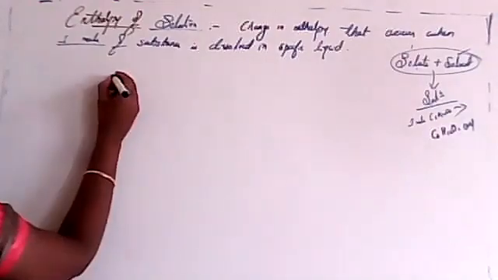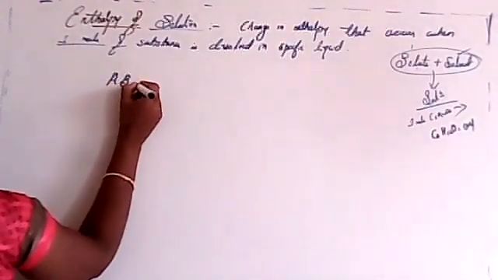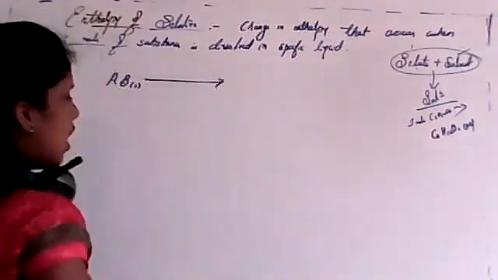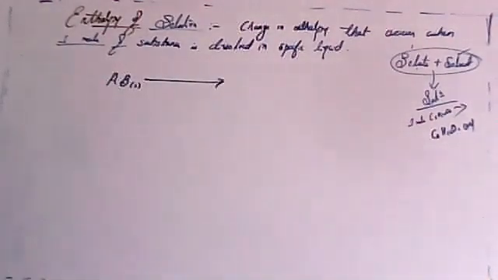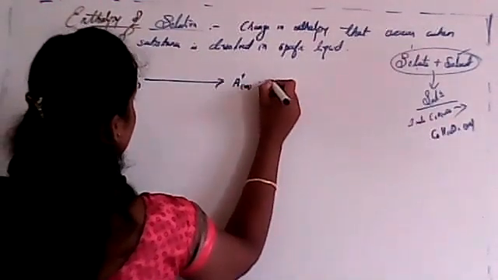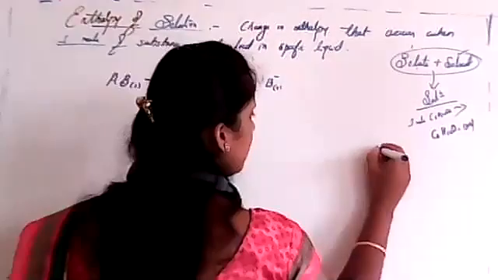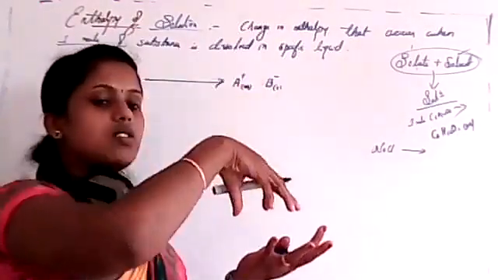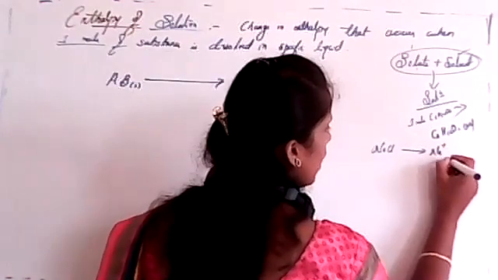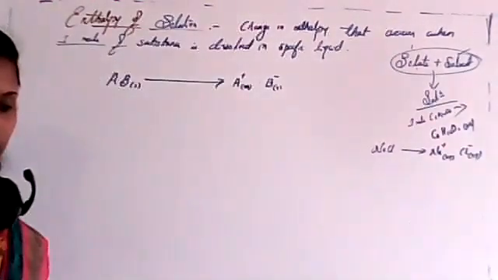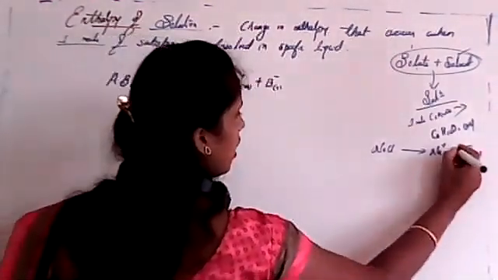Consider a simple example, AB as a solid, a compound in the form of solid. Now I have to convert it into aqueous solution: A plus aqueous plus B minus aqueous. For example, NaCl, when dissolved in water, converts into Na plus aqueous and Cl minus aqueous. Is it clear? We use the charges in this case.